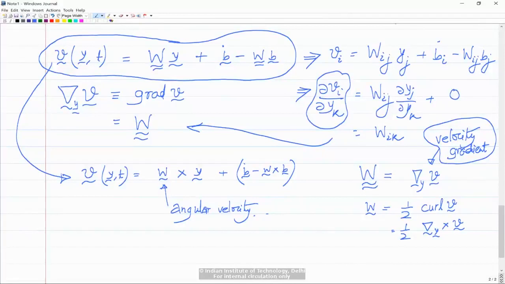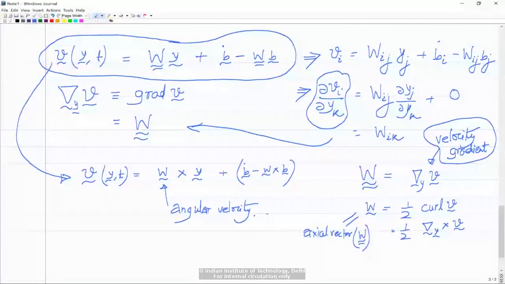You can show that quite easily. If this big W is the gradient of v and small w is what is called the axial vector, I think you have learned this in your math class also, the axial vector of big W, then this is also equal to half of curl of v.